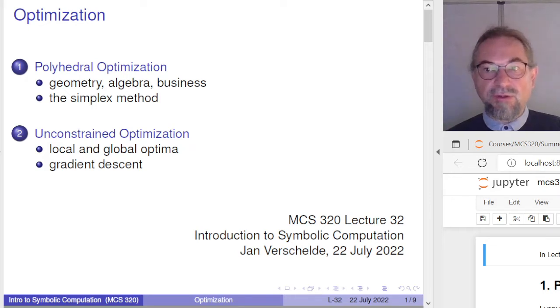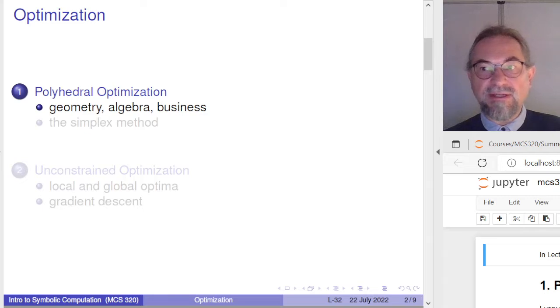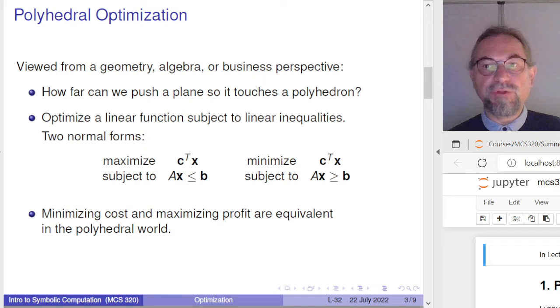Today we look into one very specific type of optimization, polyhedral optimization, and then in a most general way we look at unconstrained optimization. We do this from within a context of symbolic computation, and the second part of this lecture will feature the use of SageMath.